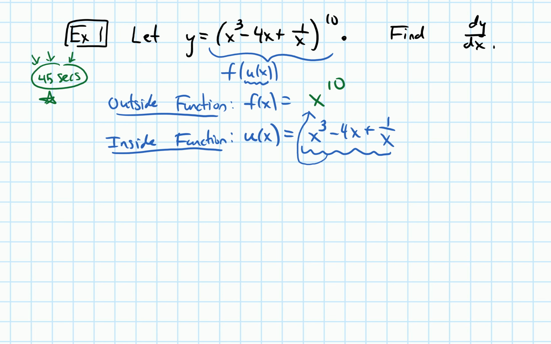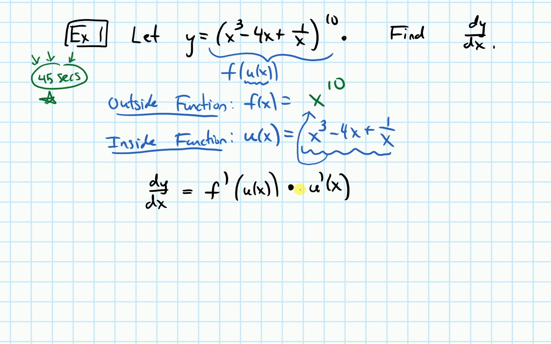Okay, so let's remind ourselves what the chain rule says the derivative of this composition should look like. So dy dx, our derivative, should look like f prime of u of x, the derivative of the outside first, but keep plugging the same inside thing in, times the derivative of the inside function, so times u prime of x.